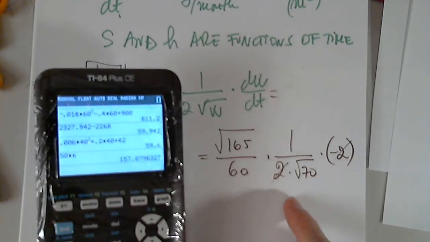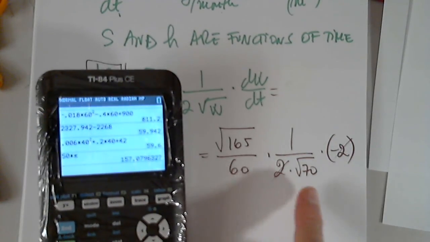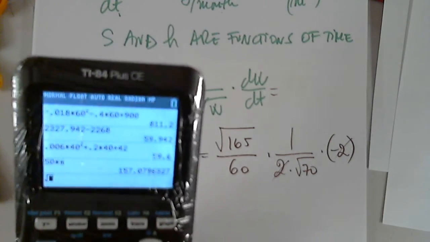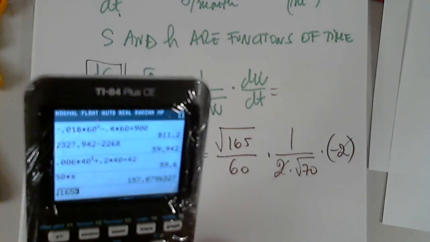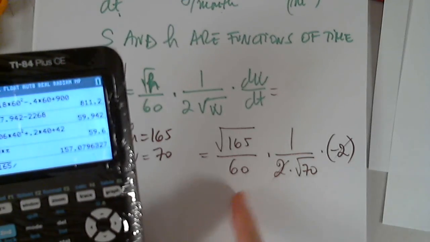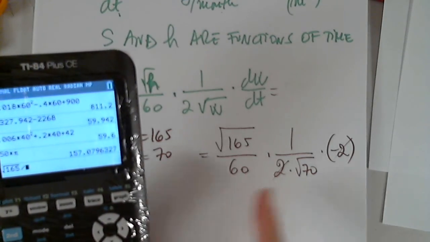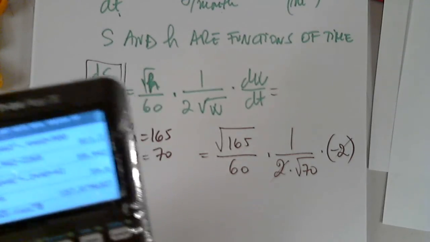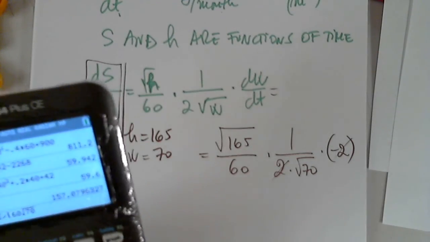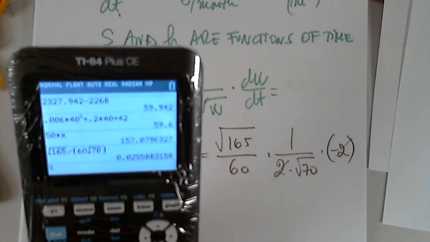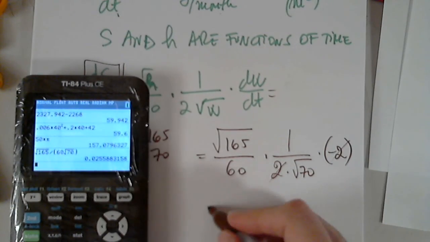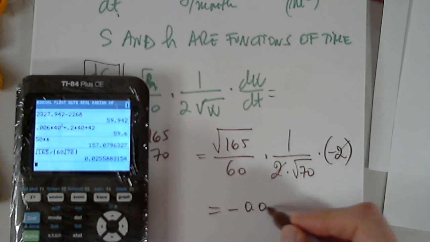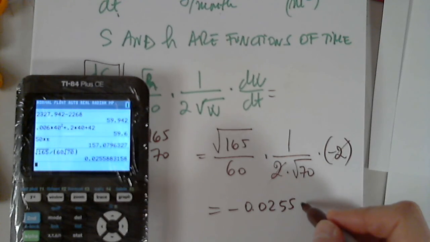Now, do I want to do that or that? It doesn't matter, really. So the square root of 165 and then divide by, please put the denominator in parentheses, 60 times the square root of 70, and close the parenthesis, and I got negative 0.02558.